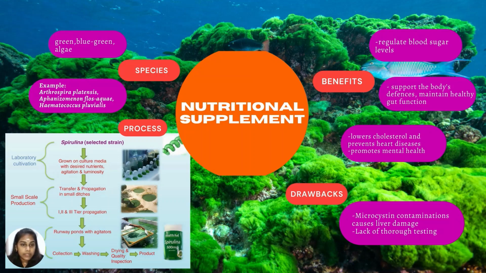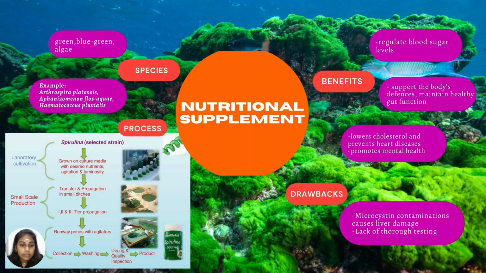The selected strain of spirulina will be grown on culture media with desired nutrients, agitation, and luminosity under laboratory cultivation. Next, it will be transferred and propagated in small ditches under small-scale production.